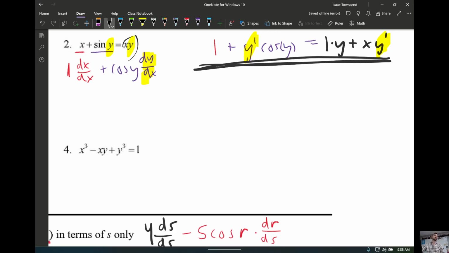Do you have any questions up to there? Okay. Now the rest is algebra, so you've got to decide to move this y prime stuff to the left or this y prime stuff to the right. It doesn't matter. I'm going to subtract the y over, and I'm going to subtract this over.